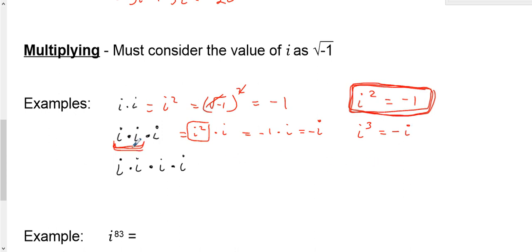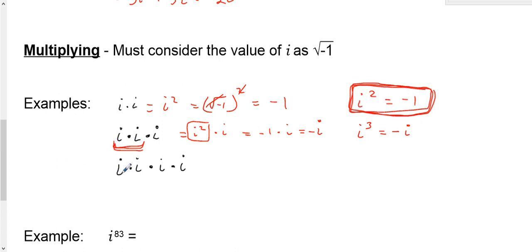By simplifying that out, anytime I have an even number of i's, I know that they will cancel out the radical and give me a negative 1. So anytime I have two.